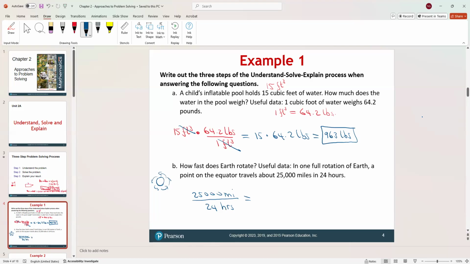If you divide this and set it per hour, it would give you 1,041.7 miles per hour. So the Earth rotates 1,041.7 miles per hour.